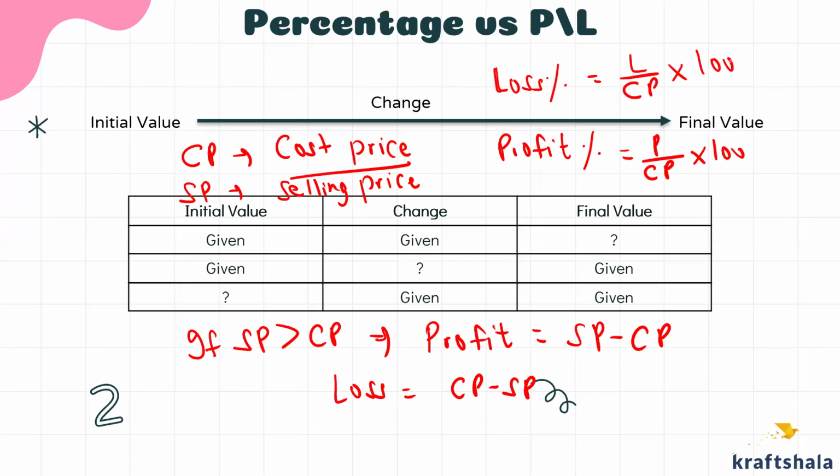You can note these things down. Profit SP minus CP, loss CP minus SP. Profit percent, profit upon CP into 100, loss percent, loss upon CP into 100. Profit ko we also call gain.